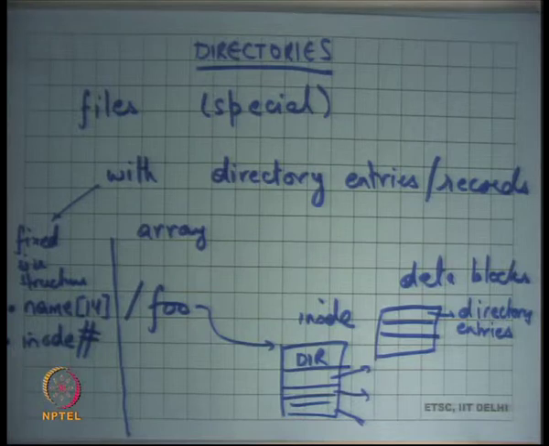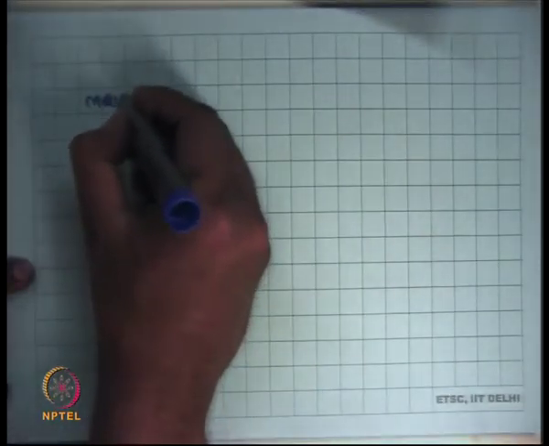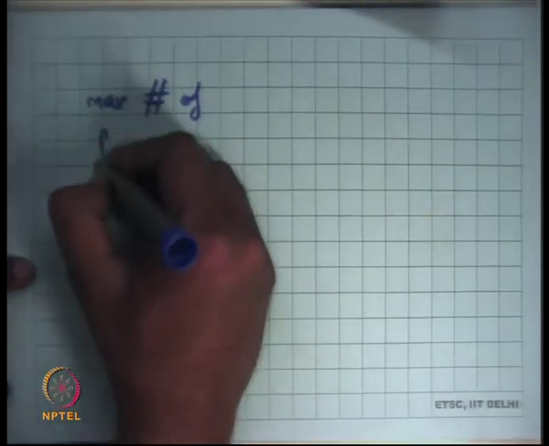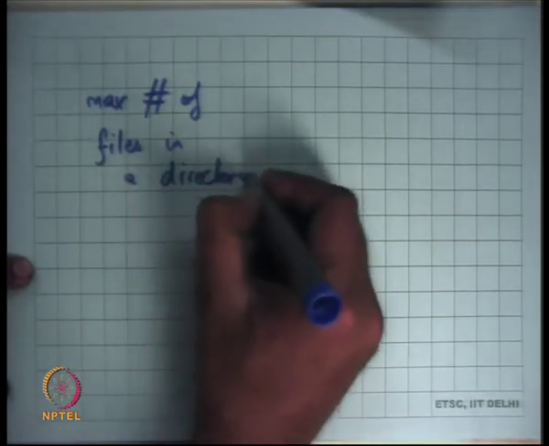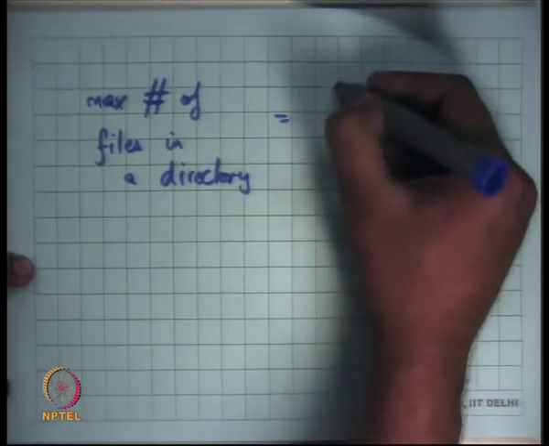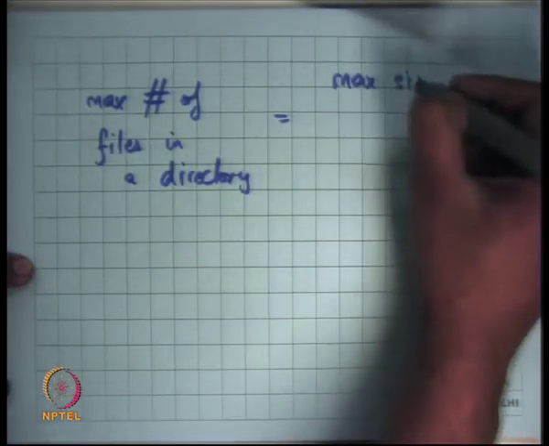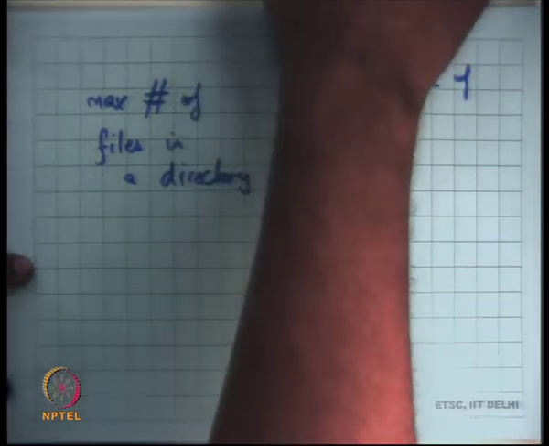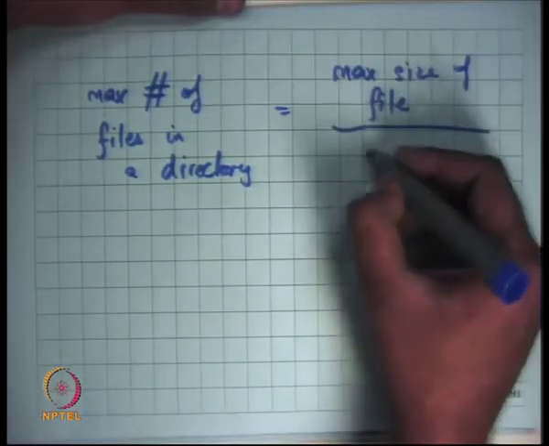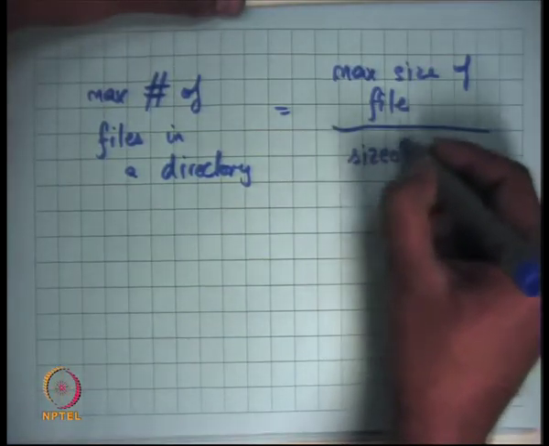So what's the maximum number of files you can have in a directory? The maximum number of files I can have in a directory is basically the max size of a file, which we computed earlier, let's say 64 kilobytes on x86, divided by the size of a directory entry.